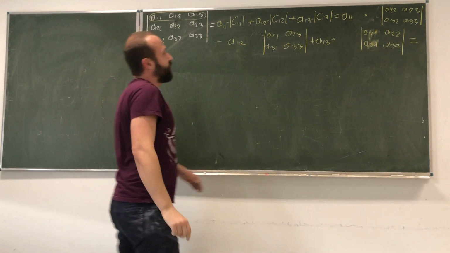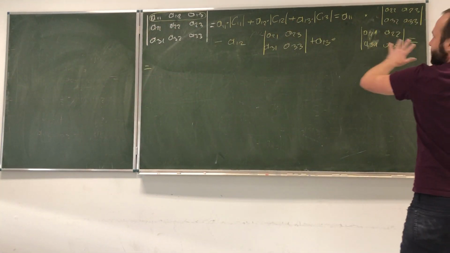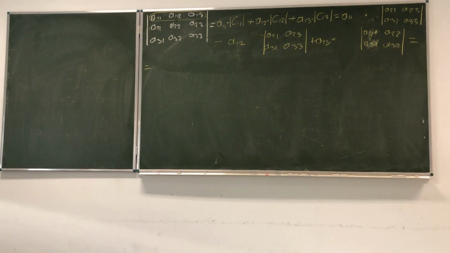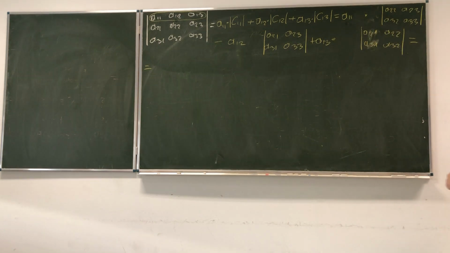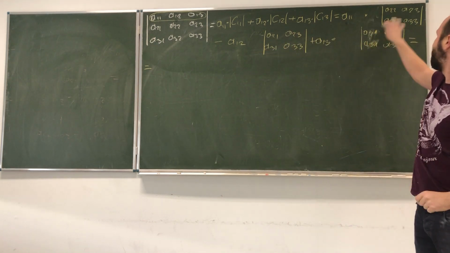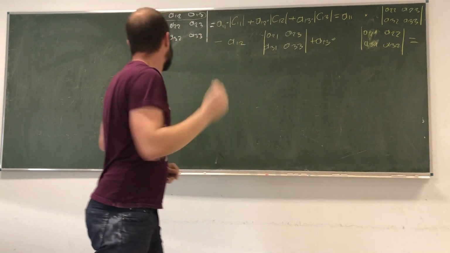Okay, so look, here we calculate regular determinants, 2 by 2, which is very easy. All we need to remember is we need to multiply each component by an element up front and take into consideration the size.